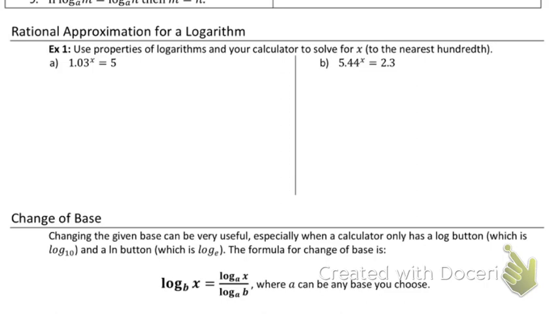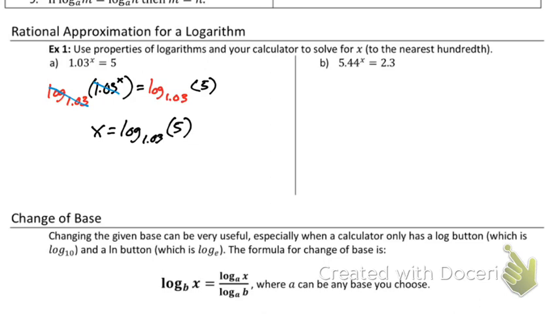If I needed to get rid of that 1.03 to get x alone, I would take the log of 1.03 to the x equals log of 1.03 to the 5. Well, these logs and exponents would cancel out, and I'd be left with x equals log base 1.03 of 5.